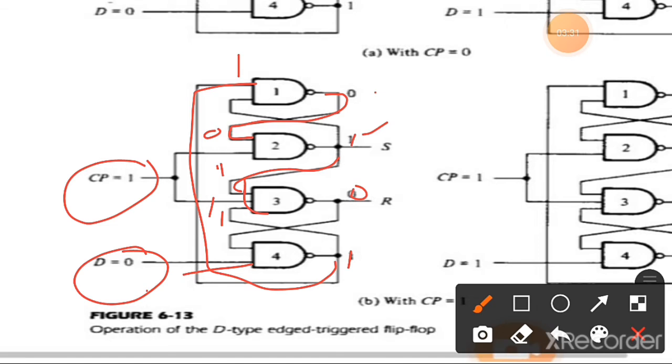Then here the output of S is equal to 1, here also 1, then both inputs are 1, so the output becomes 0.